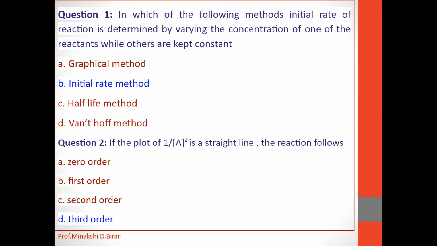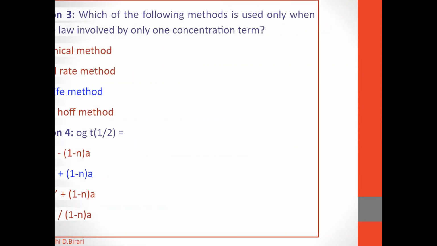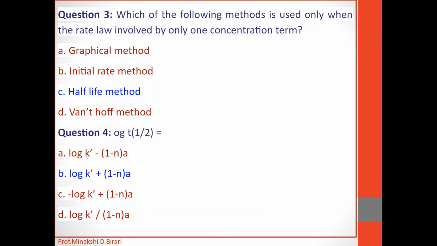Second, if the plot of 1 upon A raised to 2 is a straight line, the reaction follows which order? Which of the following methods is used only when the rate law involves only one concentration term?